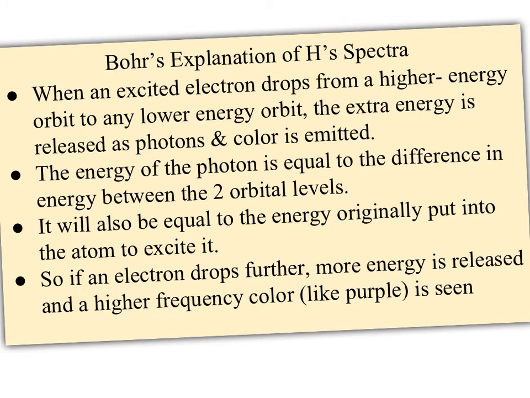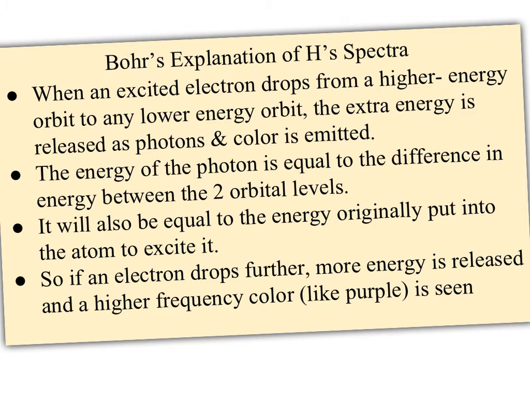So the energy of the photon, this is the energy that gets emitted, is going to be equal to the difference in the two energy levels. So if the electron has been excited up to energy level 5, and it's going to drop back down to energy level 4, then it has to emit the difference in energy between those two states. It will also be equal to the energy put into the atom to excite it from those two states, which makes sense.